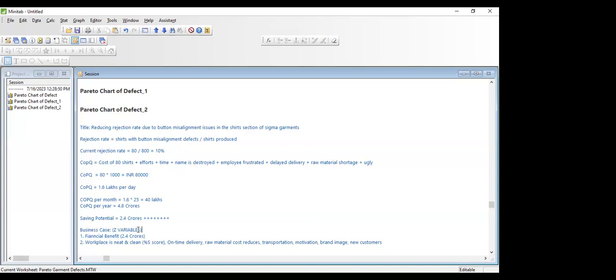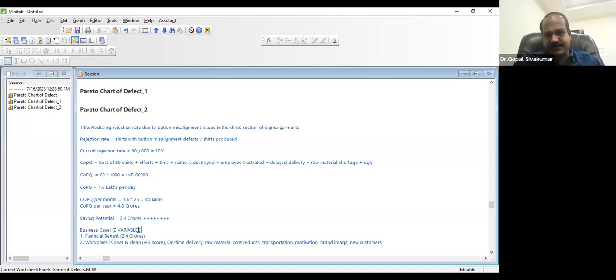So many Z variables are getting impacted. If I improve all of this, my top management will be impressed, isn't it? You are giving them enough business case in terms of dollars as well as in terms of reputation, etc. All of you, do you understand?